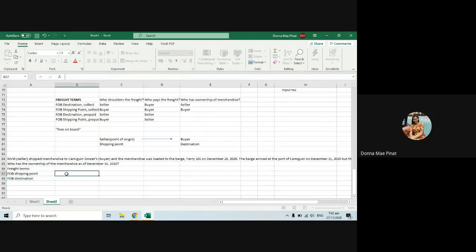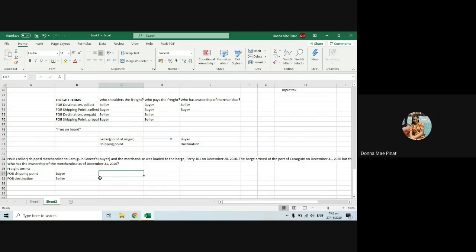Kung FOB shipping point ang ownership of merchandise, buyer. FOB destination, seller. Okay. Free man sa shipping point, free si seller ani, so si buyer ang naay ownership. FOB destination, free si buyer ani, so si seller ang naay ownership.